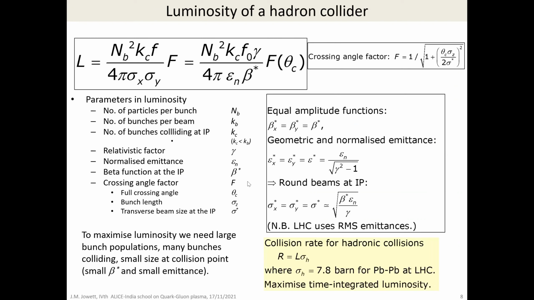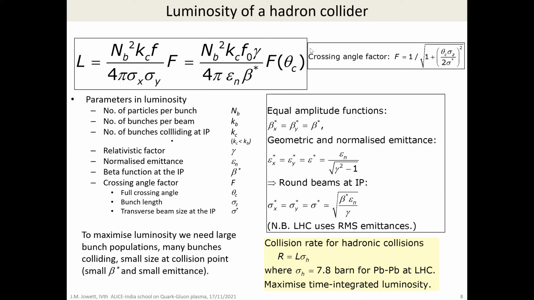Luminosity, of course, you've heard about. This is perhaps the simplest version of the formula for luminosity, with colliding head-on beams. The luminosity is given by the number of particles per bunch times the number of bunch collisions that occur per revolution period of the machine, the revolution frequency of the beams, and the gamma.